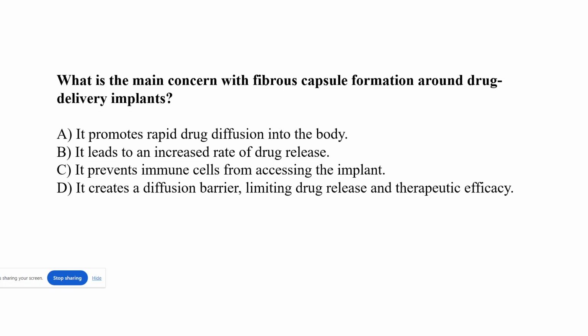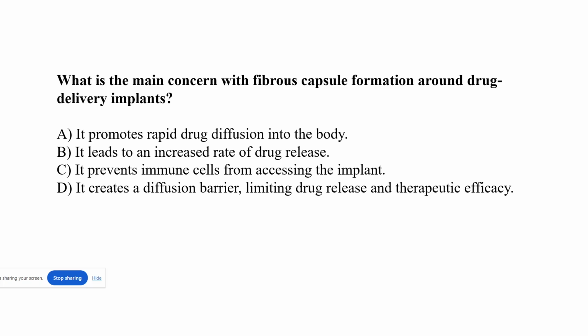So, here it is asking the main concern with fibrous capsule formation. The fibrous capsule formation is basically if there is an implant and these cells will start accumulating near the implant, trying to engulf it or destroy it some way.